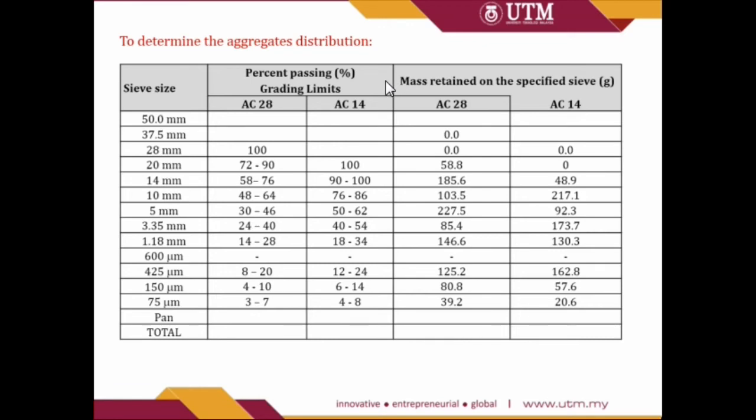And then in other columns, you can find the grading limits that have the upper and lower limit based on the specification. So what we need to do is to analyze the mass retained and convert them into percent passing so that we can compare with the grading limits given from the specification.